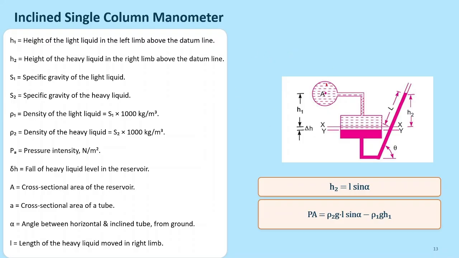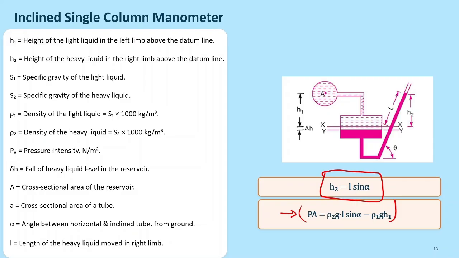Here this is a point A, pressure PA, and here is the angle alpha, and this side is H2, and this length is L. Some notation we have taken from the diagram, like H2 equal to L sin alpha, that will help us in proving this equation, and this is the final formula for this inclined single column manometer.